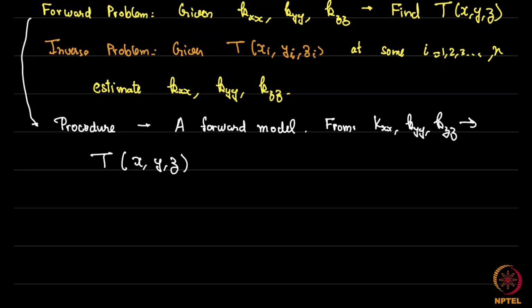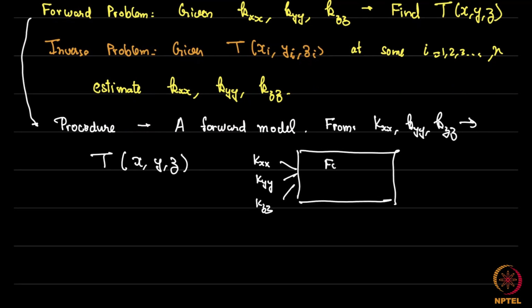Now, this is sort of a black box as we have been doing. So you have inputs Kxx, Kyy, Kzz, and these 3 go into the forward model. And what comes out is temperature at any x, y, z that you wish to give. If you wish, we can add xi, yi, zi here, and you get temperature at xi, yi, zi.